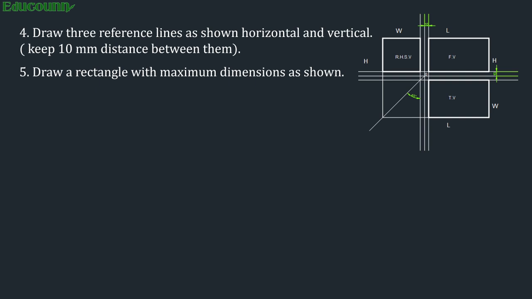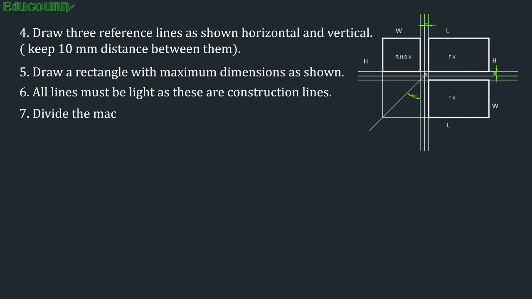That is, in front view you have to draw a rectangle of length and height. In the top view you have to draw the rectangle of length and width, and in the side view you have to draw the rectangle of width and height according to the question. After drawing the rectangles, make sure that all the lines you have drawn are light in thickness, that is, they should be faint lines, as these are construction lines used for construction purposes only.